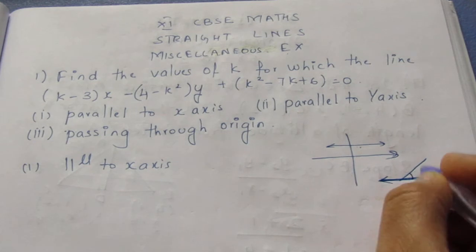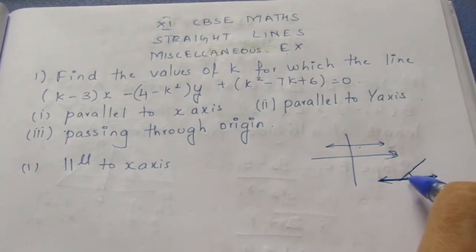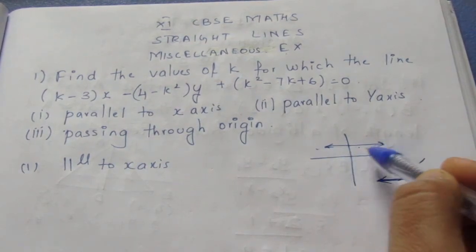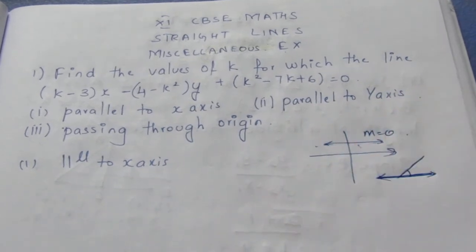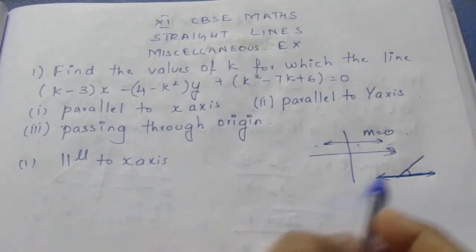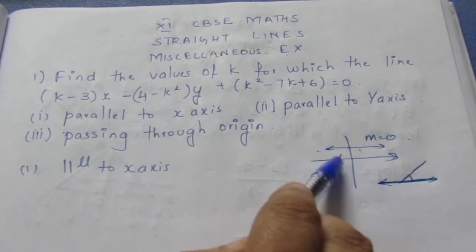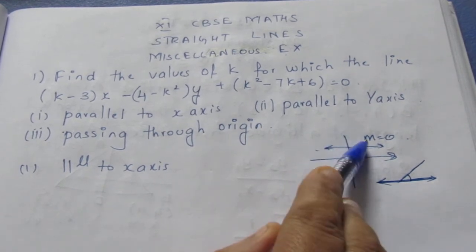How much it is slanted to the horizontal is called the slope. So here it doesn't touch the horizontal, so slope is equal to 0. It does not touch the horizontal line, that is the x-axis, so your slope will be equal to 0.